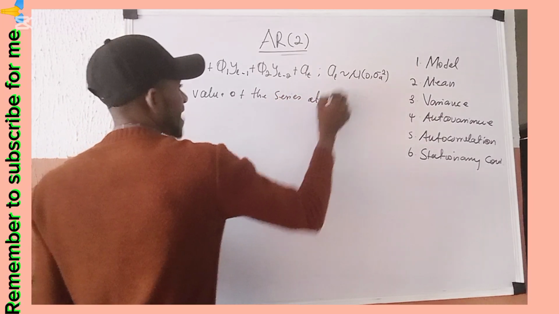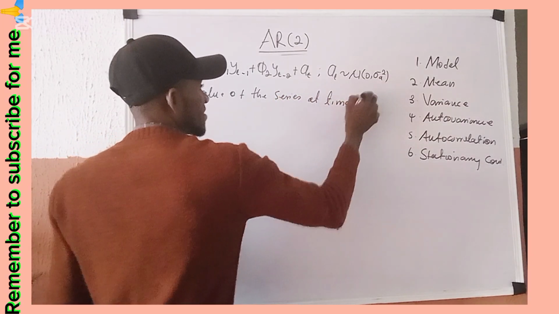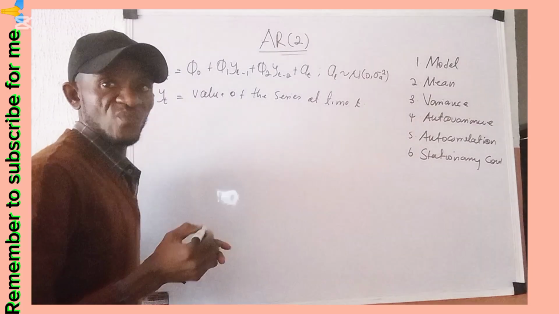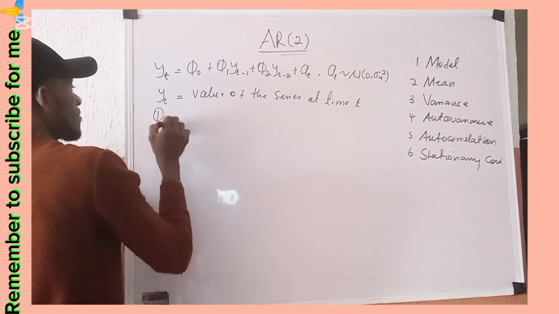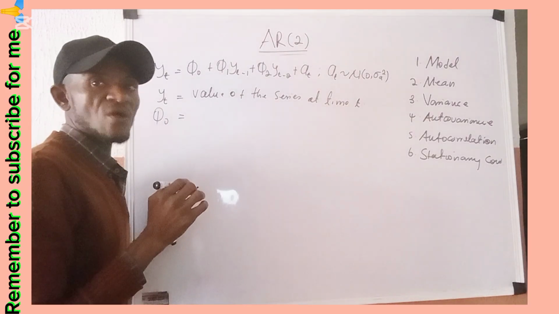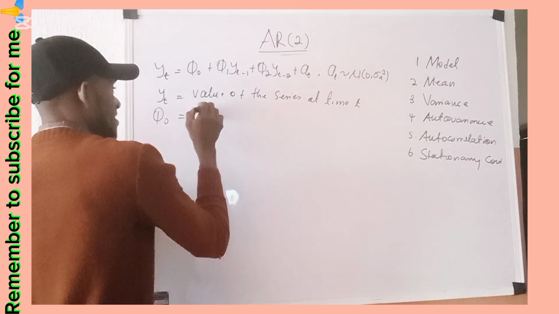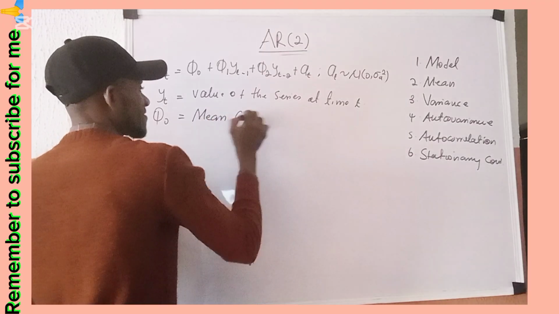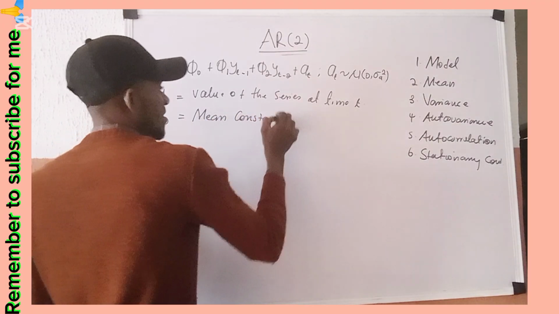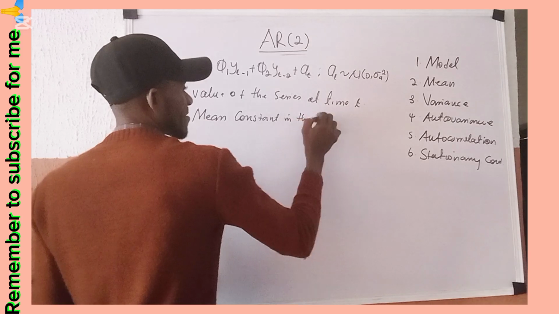What, of course, is our phi naught? Our phi naught is the mean constant in the model.